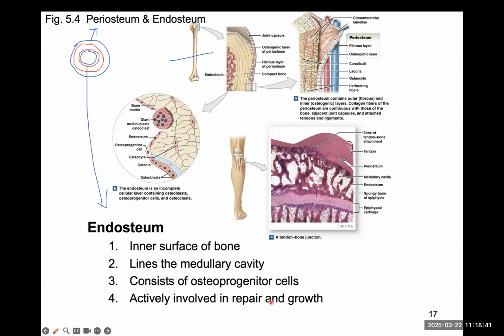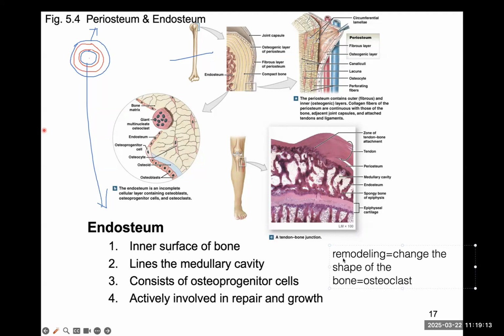That means changing the shape of the bone, and this is accomplished by osteoclast cells, and they are found in the layer called endosteum. So osteoclasts are going to eat away at the bone, making the medullary cavity bigger to change the shape of it.